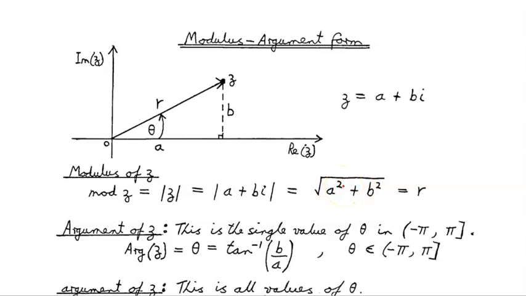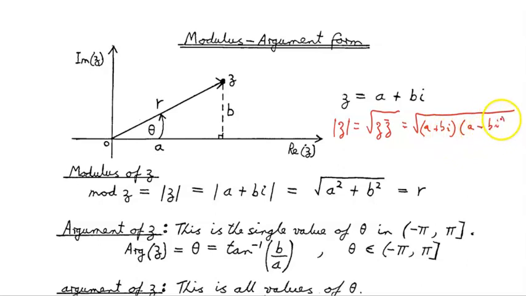I mentioned in a previous video something along these lines, and we could represent that as being Z times Z conjugate. So that would be the square root of a plus bi times a minus bi, the conjugate.